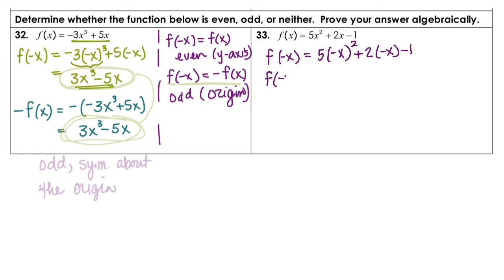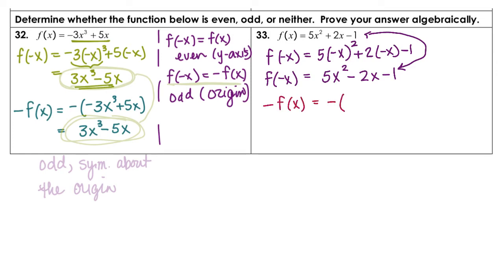So f at negative x is going to be 5x squared minus 2x minus 1. And so comparing that back to the original, those two are not the same. So we're not even. So now let's go back and look at a negative 1 times the original function.